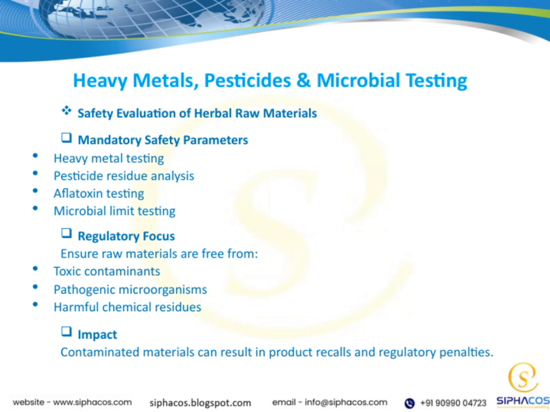Contaminated materials can lead to product recalls, which are costly and damage our reputation. Plus, regulatory penalties can be severe, affecting our ability to bring products to market. So, thorough testing isn't just a regulatory box to check. It's a vital part of ensuring safety, quality, and the overall integrity of our herbal products.